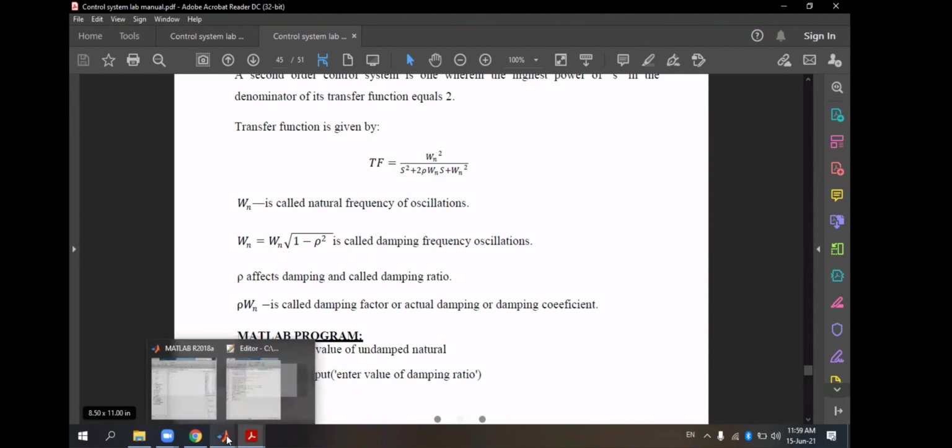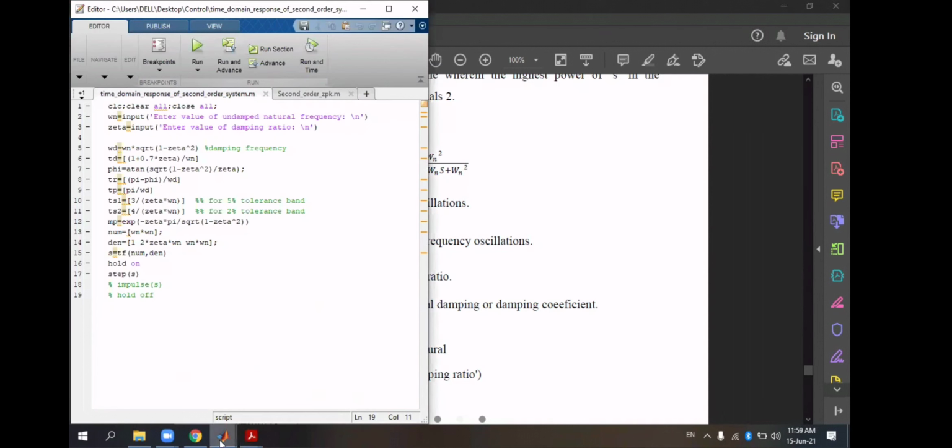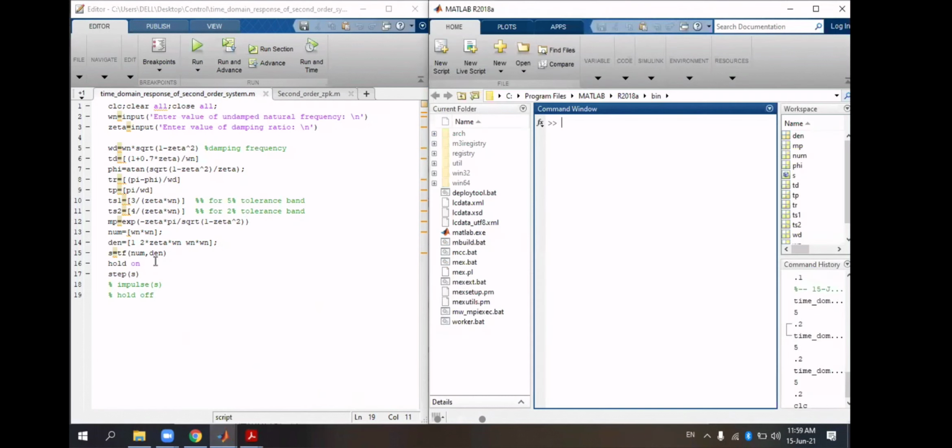So the numerator is omega n square. Then how will we write the denominator? From right to left, the power of s will be increasing.